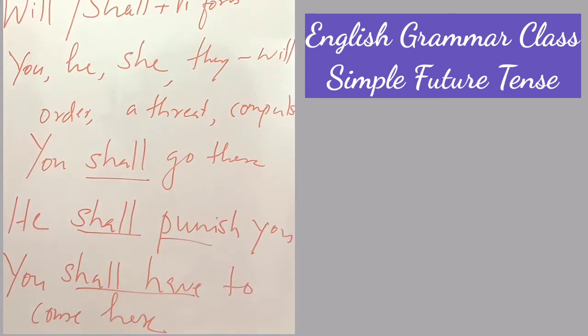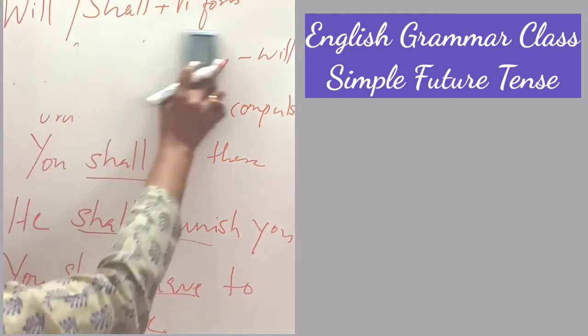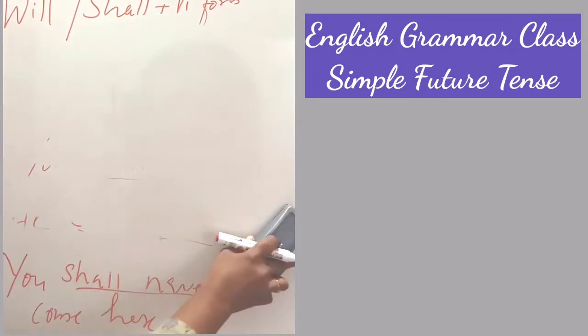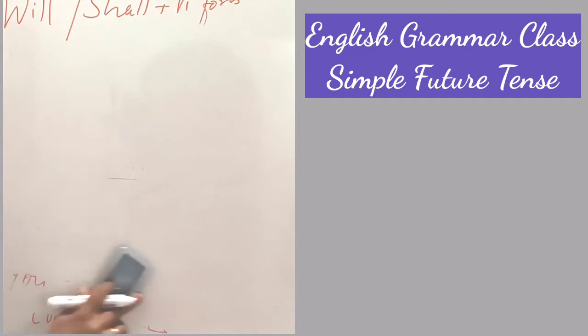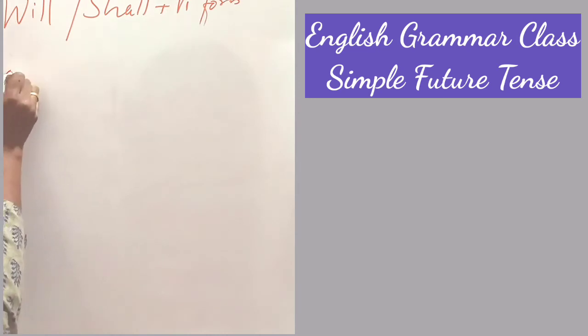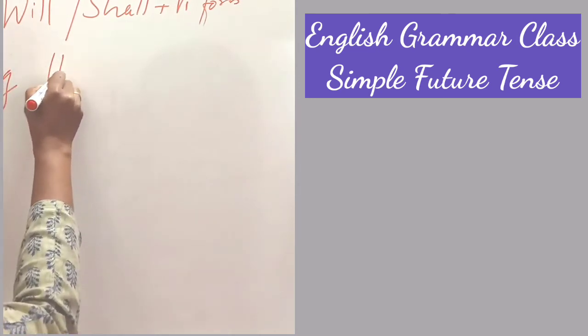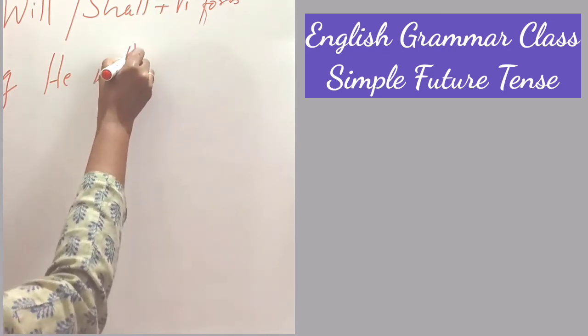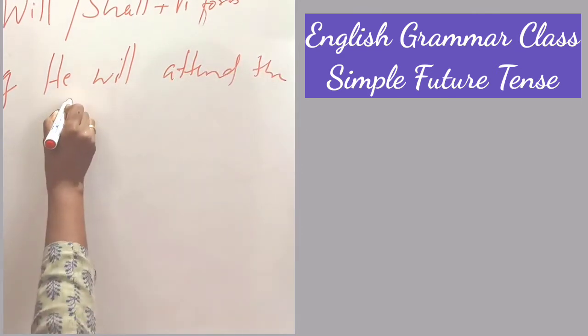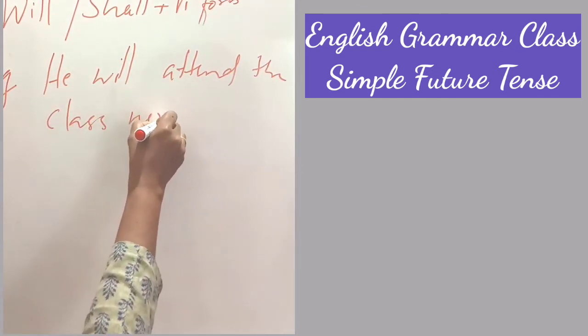Then we can find out on which occasions we use the simple future tense. When to use the simple future tense? First occasion, to express an action that is likely to take place in the future. Example: he will attend the class next day.